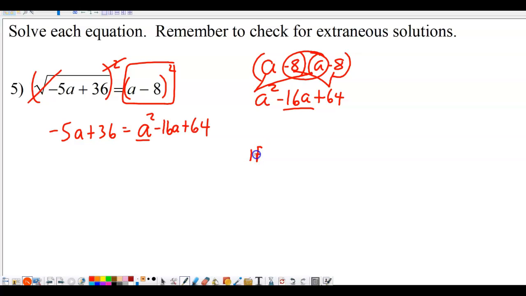So if you have a squared term, we need to put it in standard form.